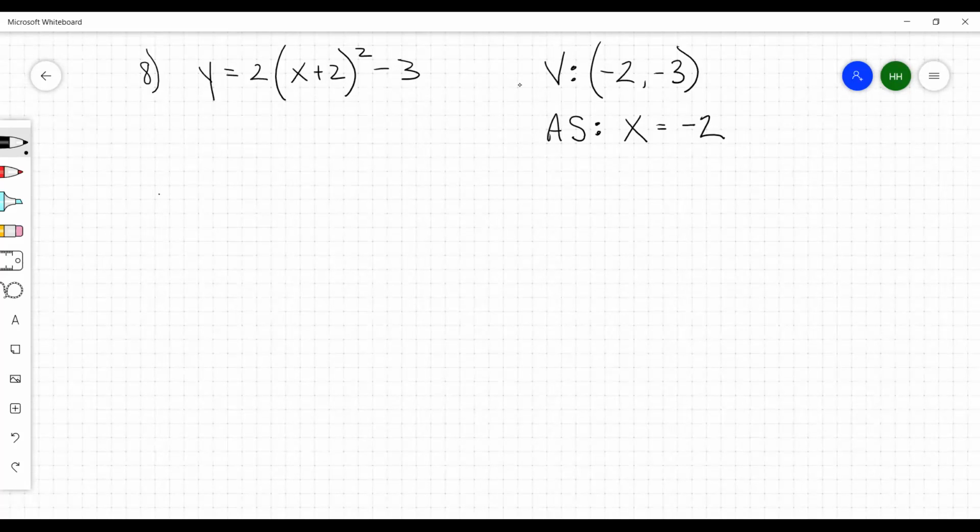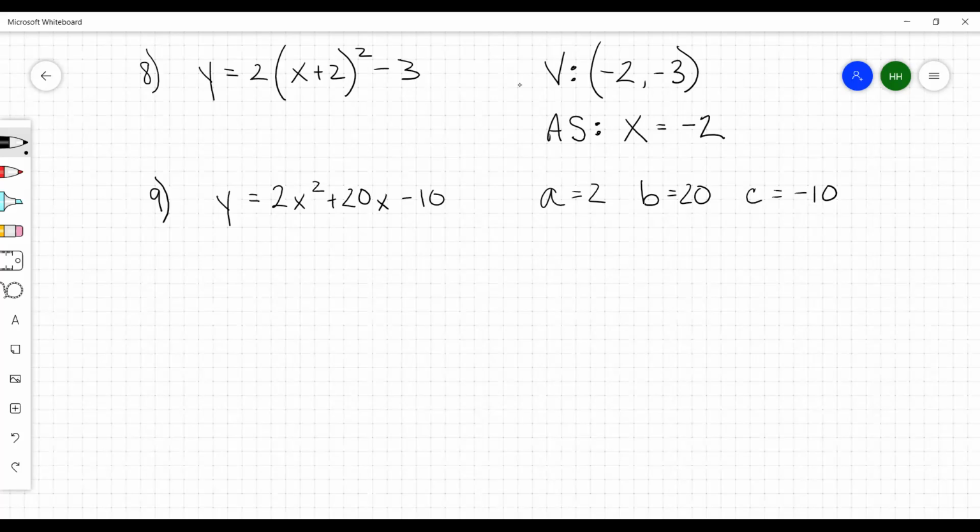Number 9. Number 9 is asking for the vertex and axis of symmetry again. So we've got y equals 2x squared plus 20x minus 10. A equals 2, b equals 20, c equals negative 10. You need the vertex, so your x at the vertex is equal to the opposite of b over 2 times a. So that is negative 20 divided by 4 is negative 5.